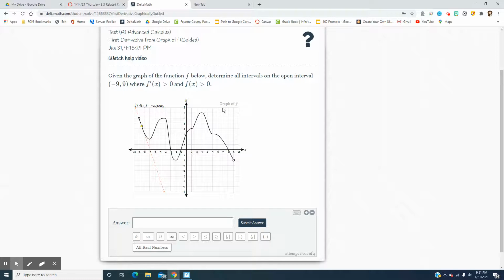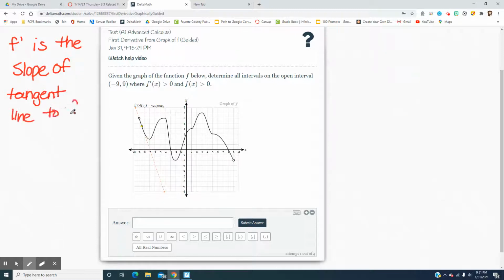Notice they've given you the graph of f and then values of f prime, because remember that f prime is the slope of the tangent line to f at any given point.